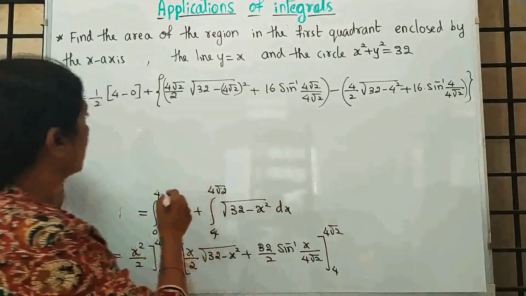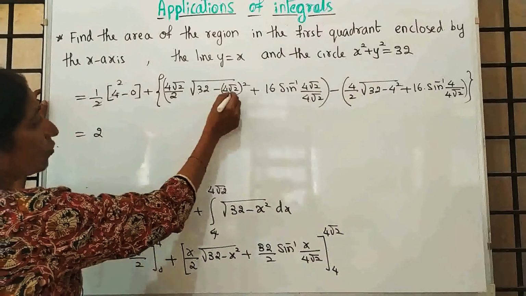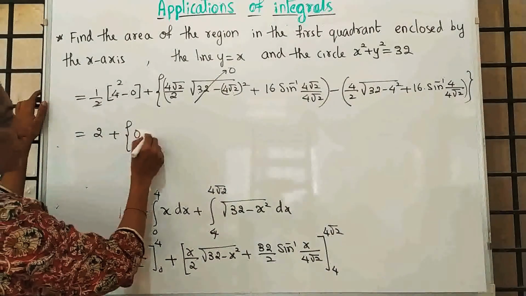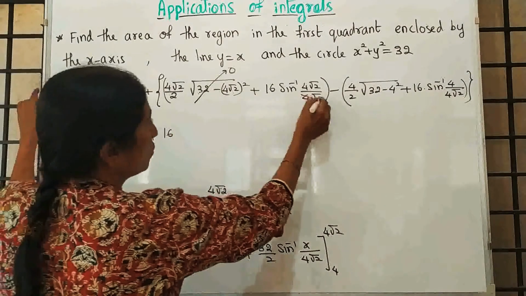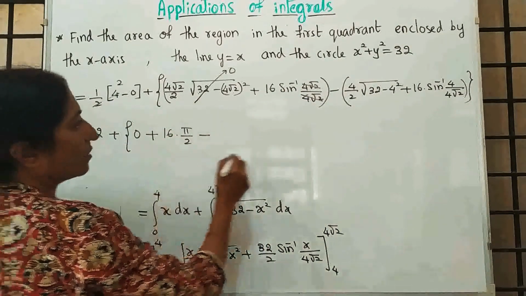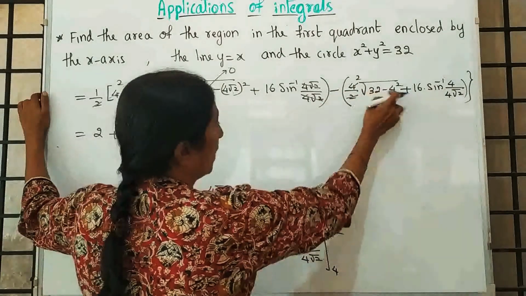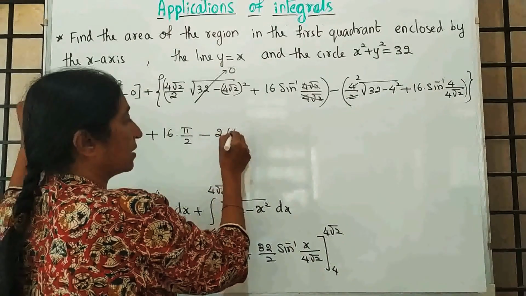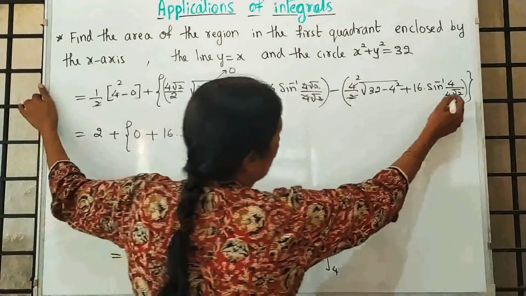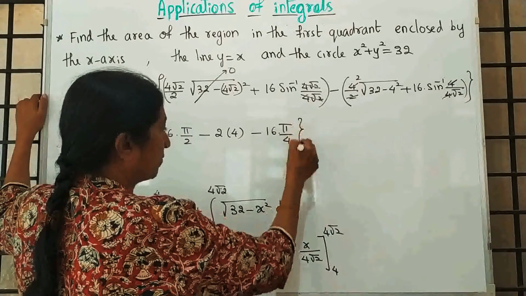See the calculation: 4 root 2 whole square is 32, so this complete part is 0. 0 plus 16, sin inverse 1 is pi by 2, minus 2 into 32 minus 16 is 16, square root of 16 is 4, and I am taking the minus also inside the bracket, minus 16. 4 and 4 get cancelled, so 1 by root 2 is 45 degree, 45 degree means pi by 4.